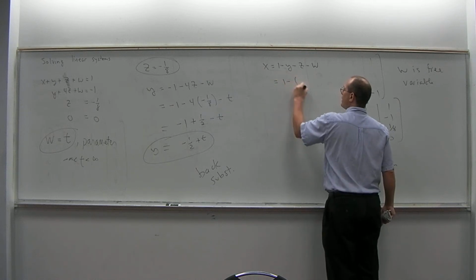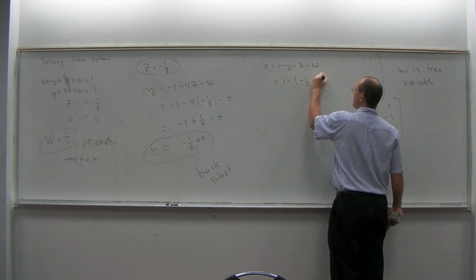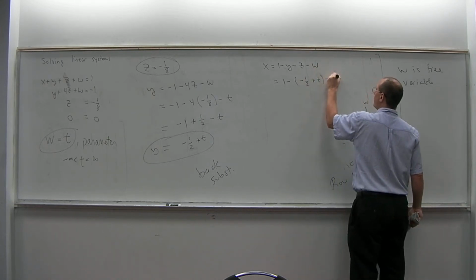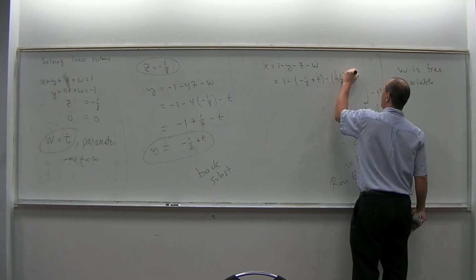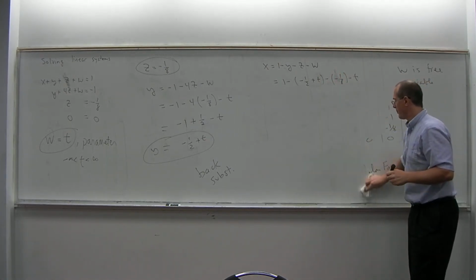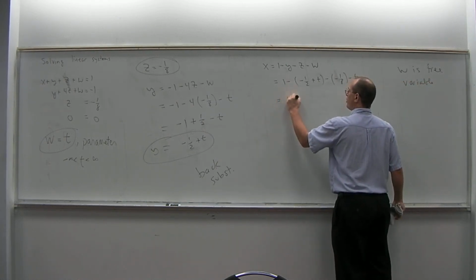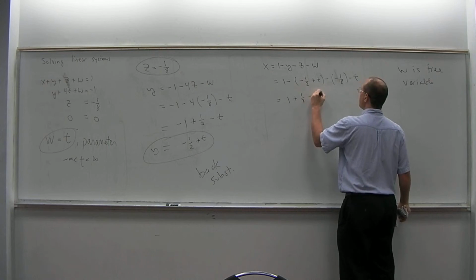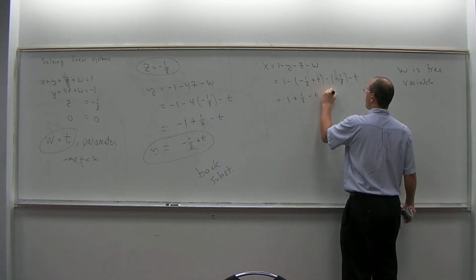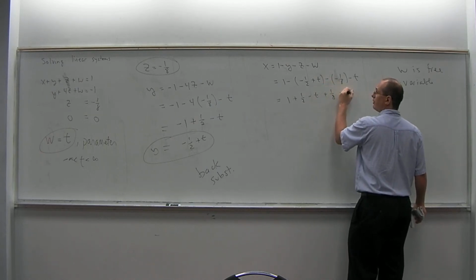So 1 minus y is negative 1/2 plus t, minus z, which was negative 1/8, minus w, which is t. So there's x. And we can simplify this. It's 1 plus 1/2 minus t plus 1/8 minus t.